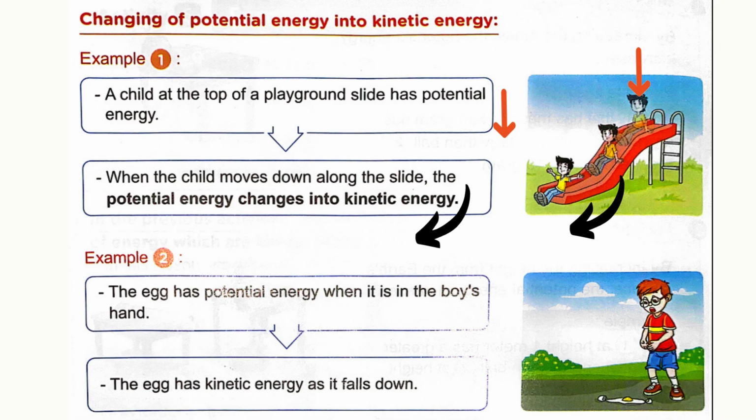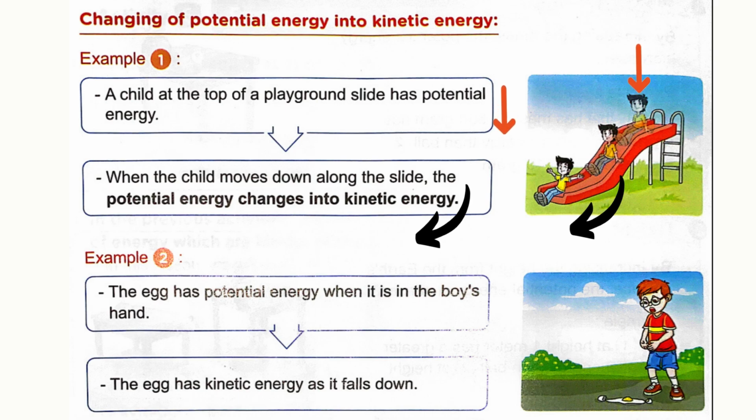We studied last time that the energy changes from one form to another. So here we will see an example for changing a potential energy into kinetic energy. As you see here in this picture, there is a child at the top of the playground slide. So here, this child has potential energy. And you know what is the kind of potential energy?